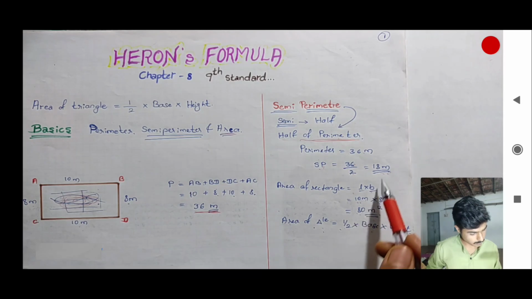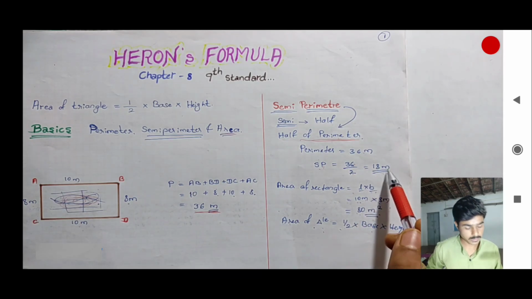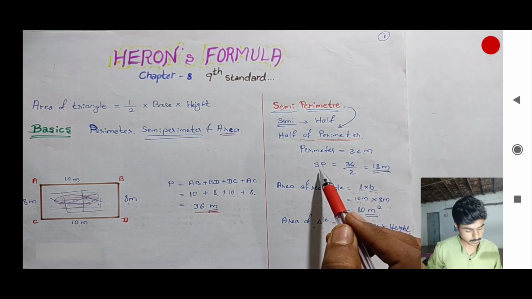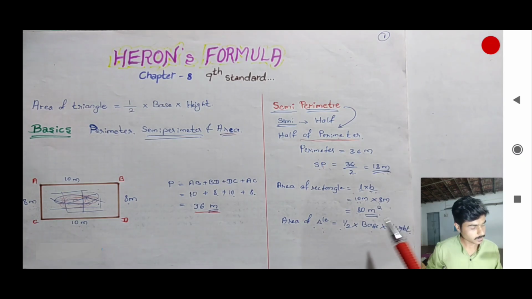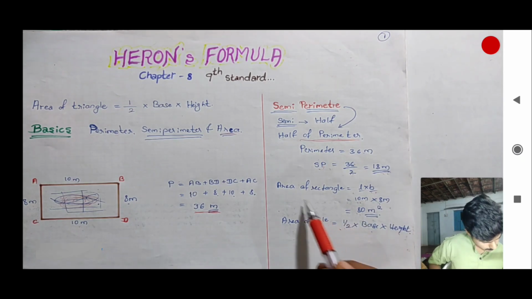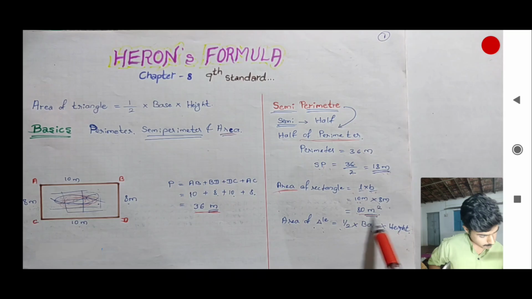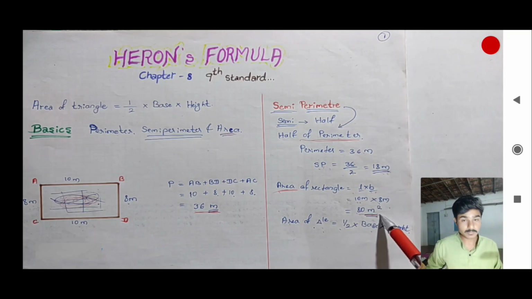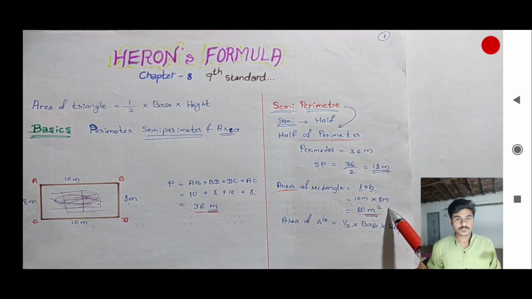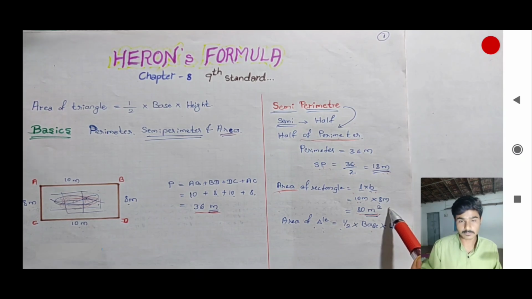Here also meter, because it is semi-perimeter. And here we found the area, that is 80 meter square. Here we have written meter square because it is area. This is also very important because you may lose some marks just for not writing the units. So keep it in mind.